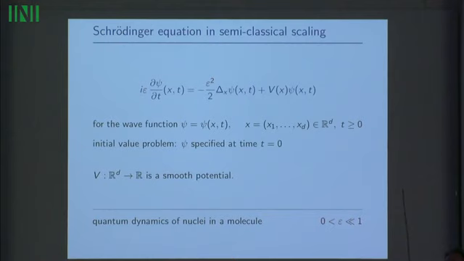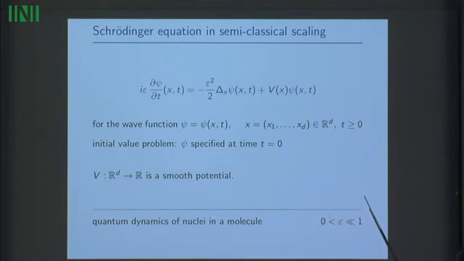But there's one thing which at the same time creates problems but allows for a reduced model with good approximation properties. Nuclei and electrons have very, very different masses. And now one can make a model reduction ansatz where one assumes that, for any fixed position of the nuclei, the electrons are in the ground state of the Hamiltonian of the full Schrödinger system for both nuclei and electrons.